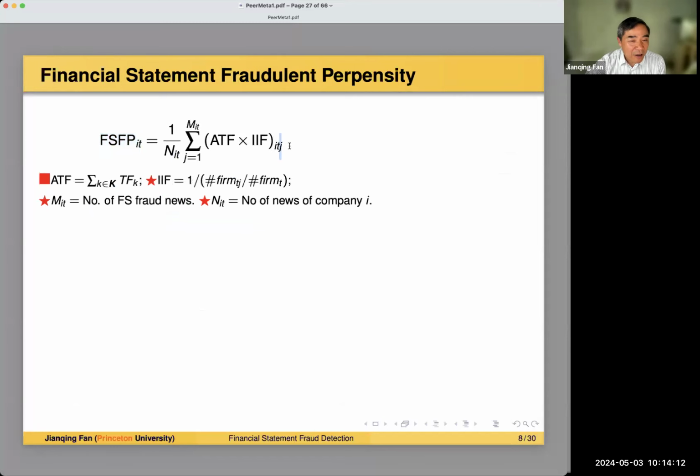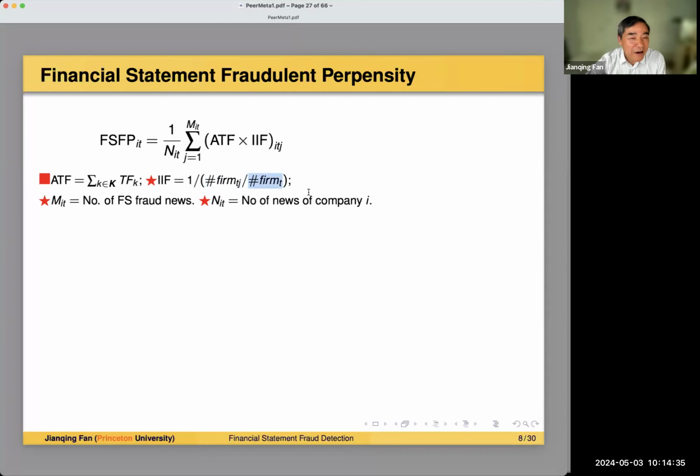For article J, this is the total number of terms referring to financial fraudulence in that article, then normalized by how many firms have been discussed in this particular article J.